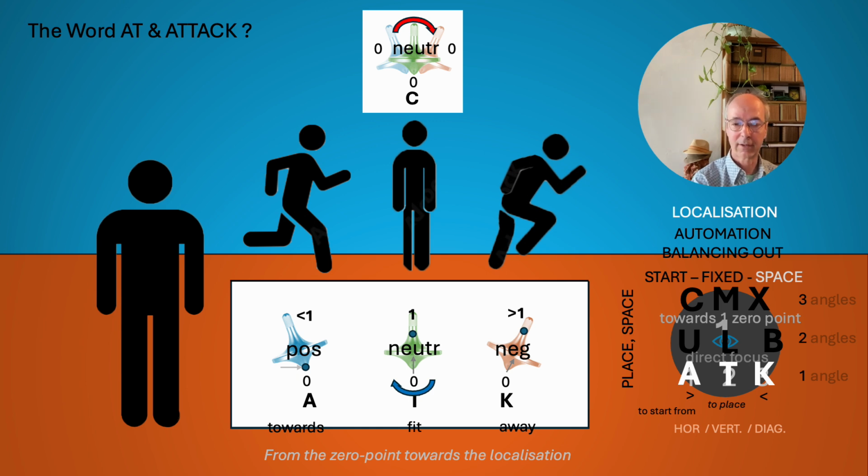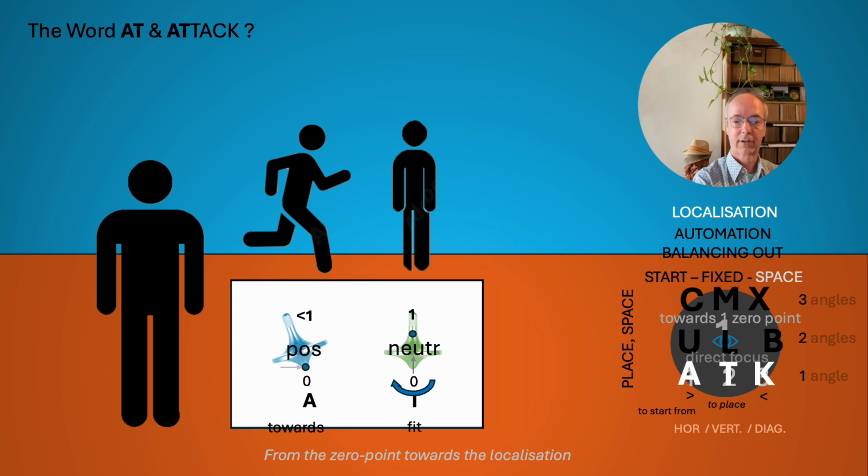But I will use this later as well when I explain. Attack is the letter C. But I will first see, okay, how can I translate this movement of adaptation to the word at? When I go towards something and I say now I am at it, it will be a combination of that A going towards it and T being at a specific place.